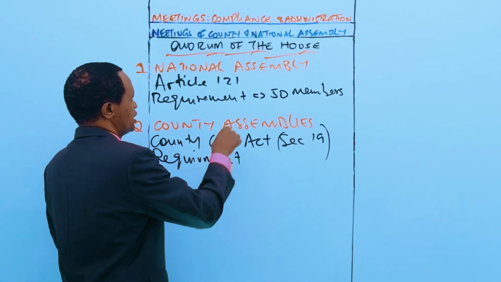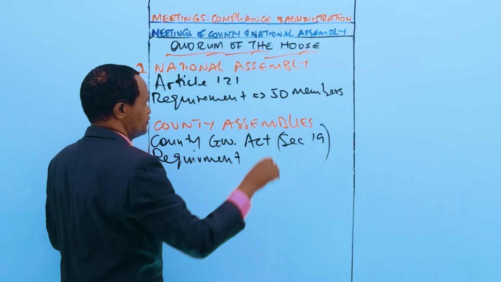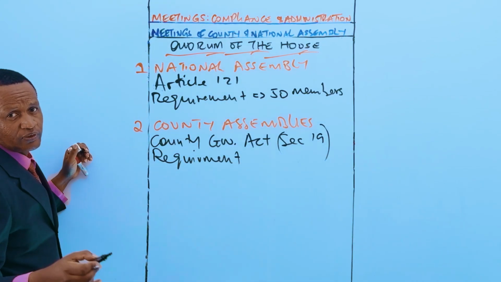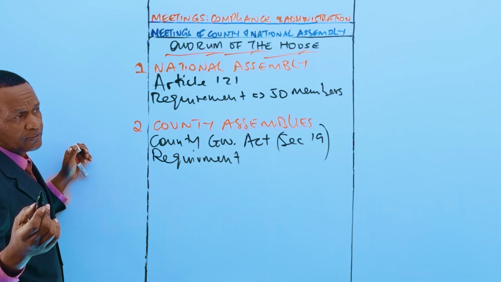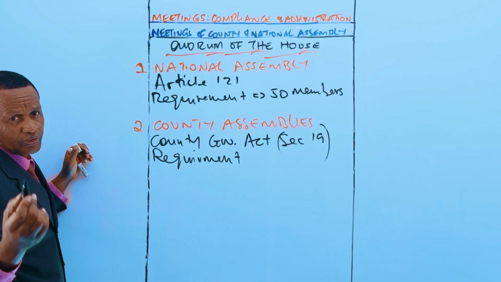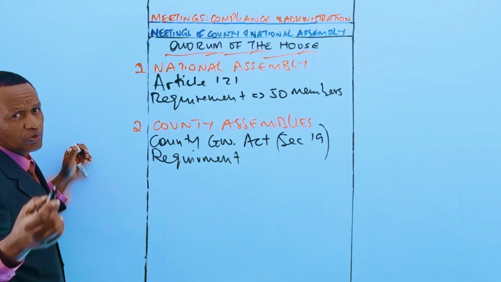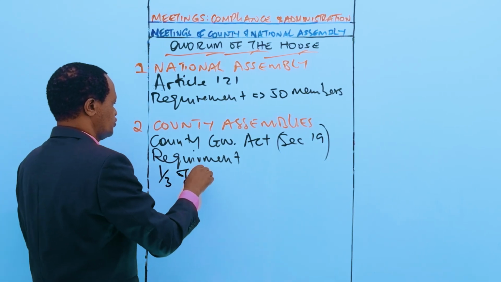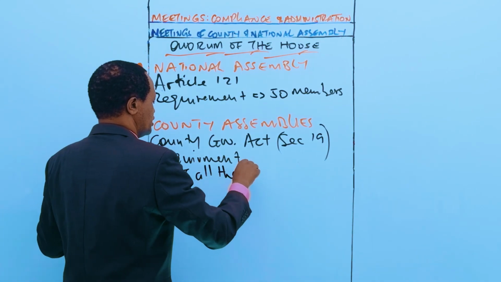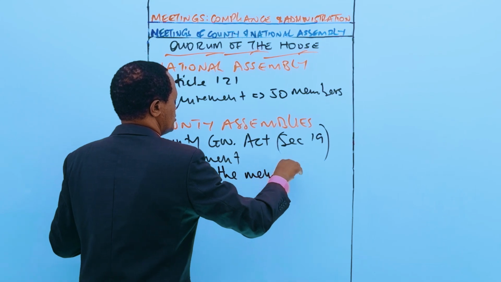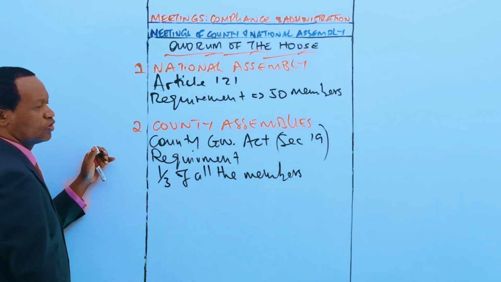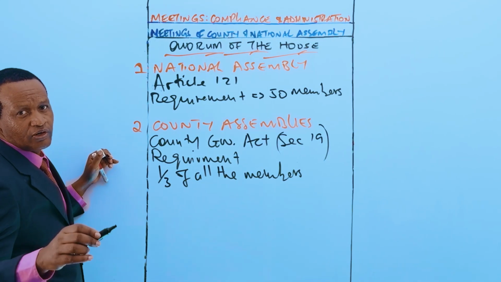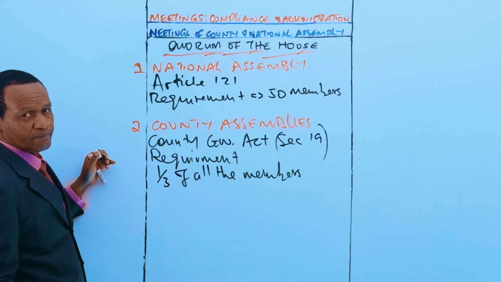For the National Assembly, we've seen the requirement is just 50 members. But for the county assemblies, the quorum is one third of all the members of the county assembly.